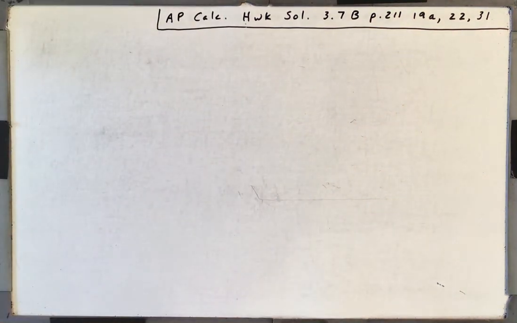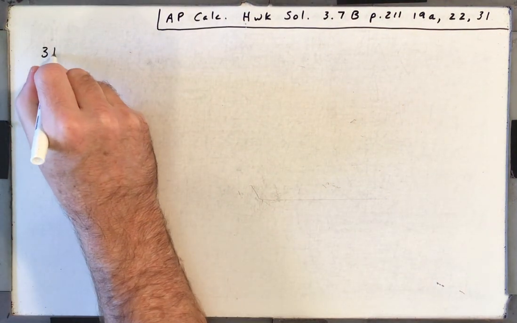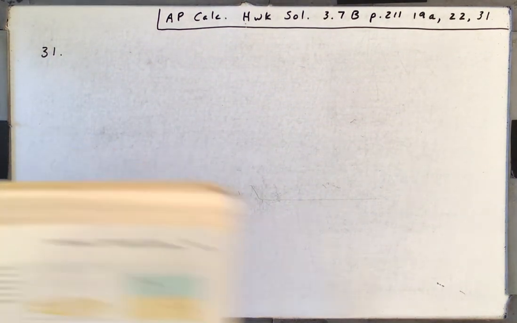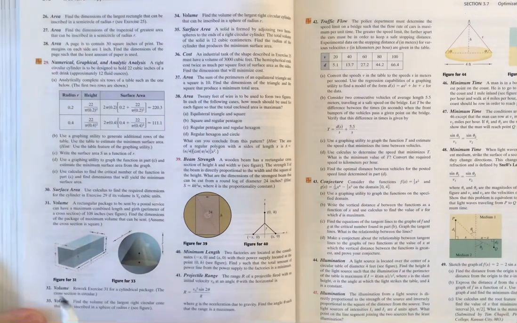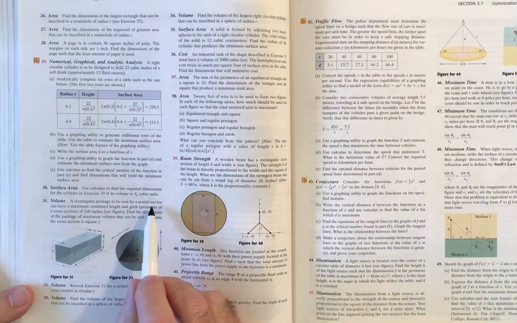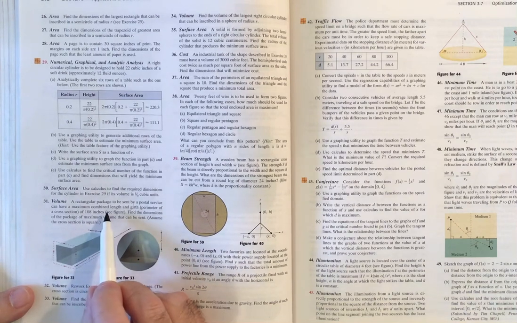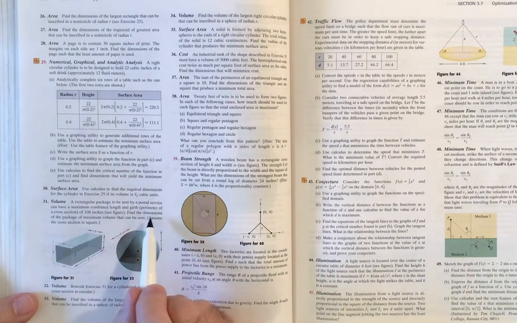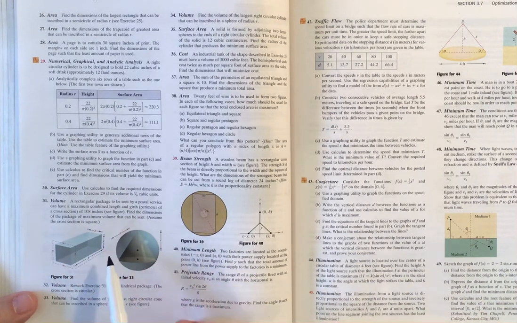And then finally, the most interesting problem is number 31. So 31 is this right here. We have a rectangular package sent to a postal service, which can have a maximum combined length and girth, and the girth is the perimeter of a cross section, of 108 inches. Find the dimensions that will maximize volume.